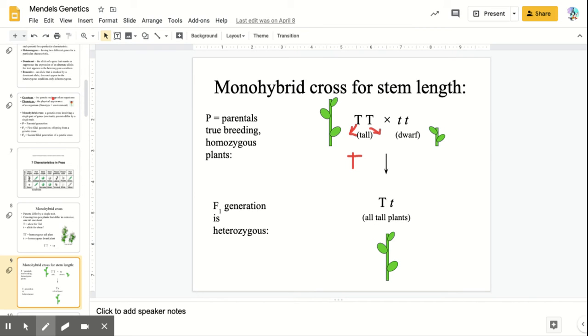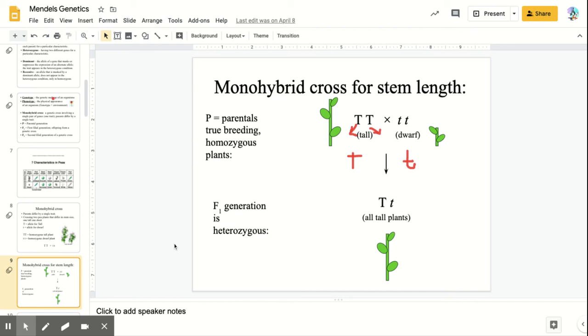It's a reduction division, so they're not in pairs anymore, they're single. So this plant can only give big T genes, and this plant can only give little t genes. So our F1 generation is all heterozygous, all big T, little t's.